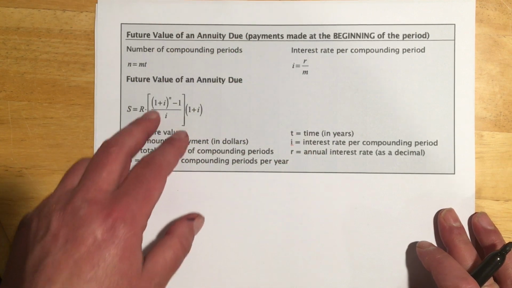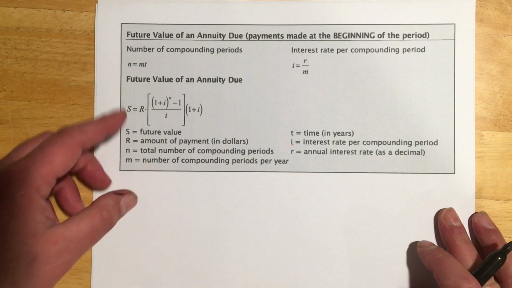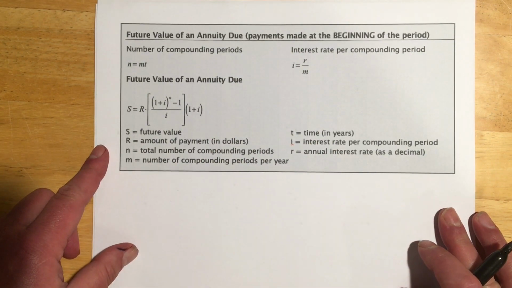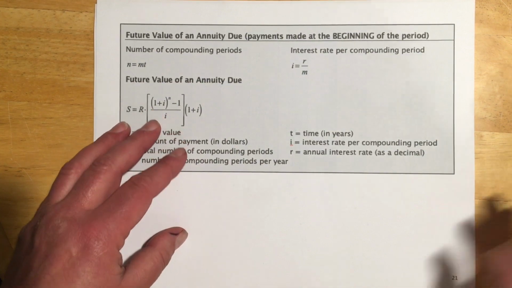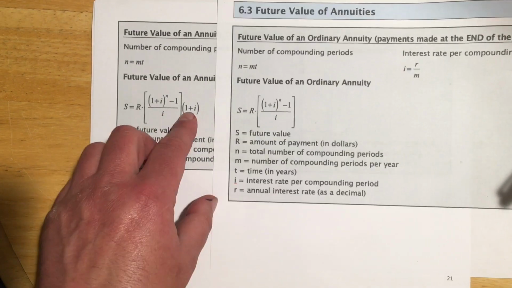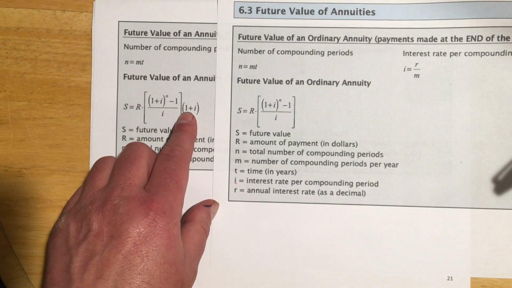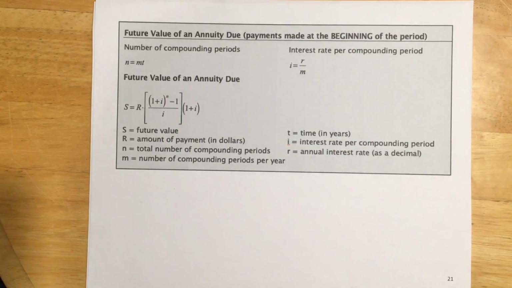Basically, it just accounts for the extra payment. Beyond that, all the definitions are exactly the same. So if we see annuity due, we're doing this one. If we see ordinary annuity, it's basically the exact same thing, except this little term right here is the only difference.